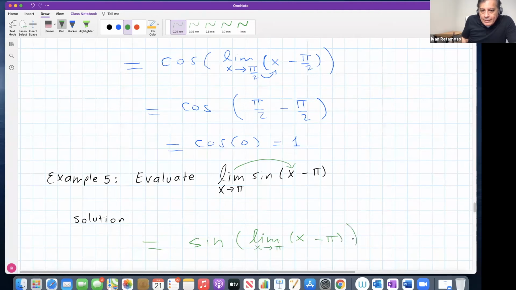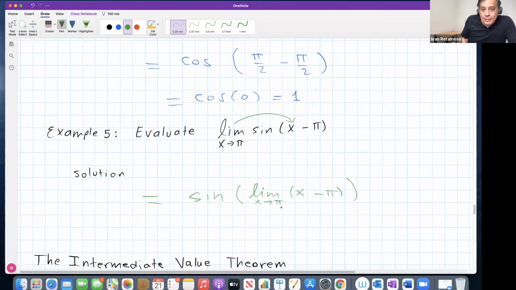But in practical terms you end up just plugging it in again. So sine of pi minus pi, but pi minus pi is 0. So sine of 0 radians, better said, because in calculus, unless specified, everything is worked out in radians for the angles. So sine of 0 is just 0.